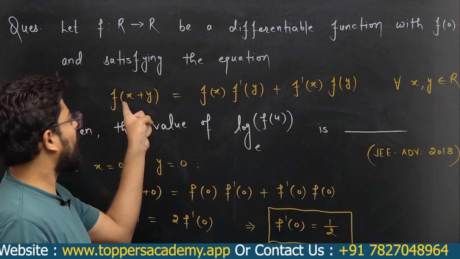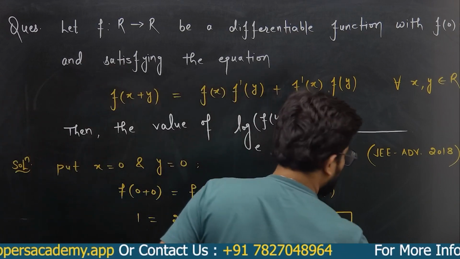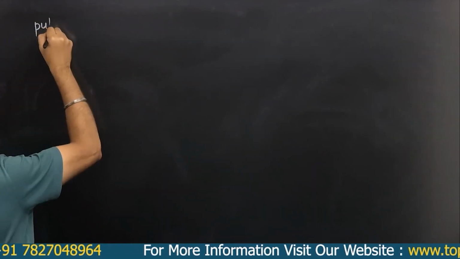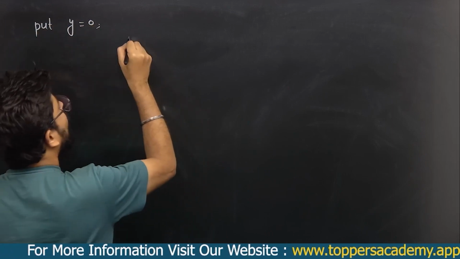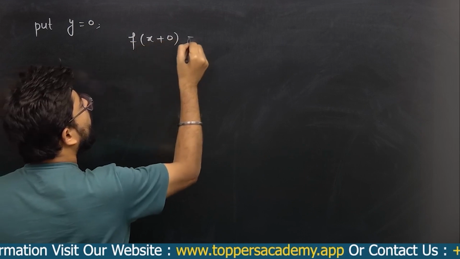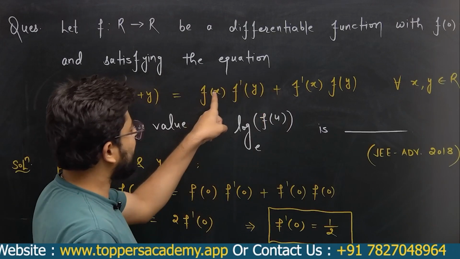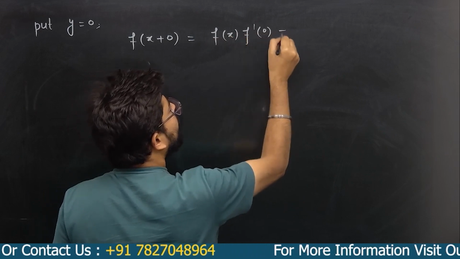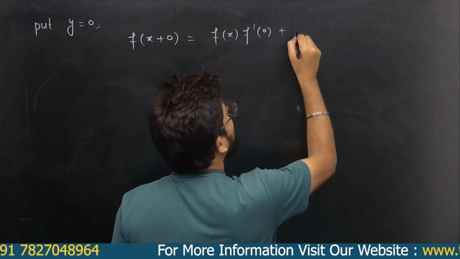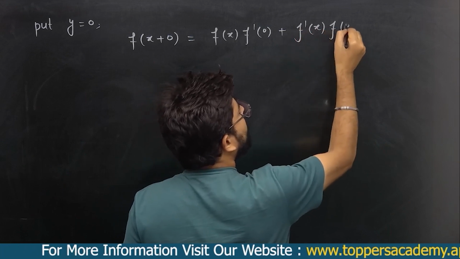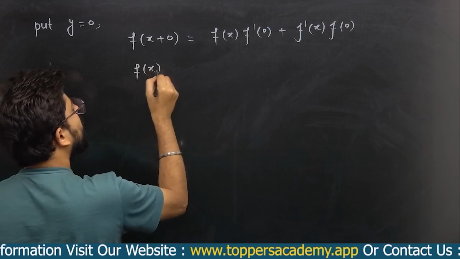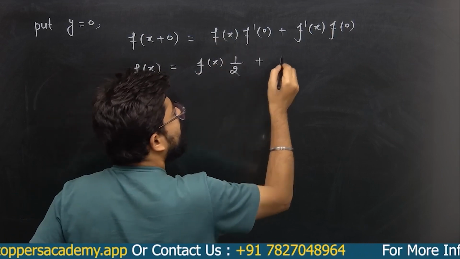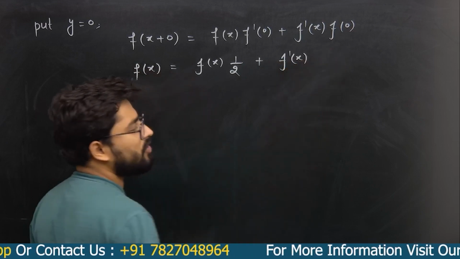Now if we put x as x and y as 0 in your equation, we'll get f of x plus 0 is equal to f of x into f dash 0 plus f dash x into f of 0. Now f of x is equal to f of x as it is, f dash 0 we already know, that's half, plus f dash x, and f of 0 is 1, so that is f dash x.